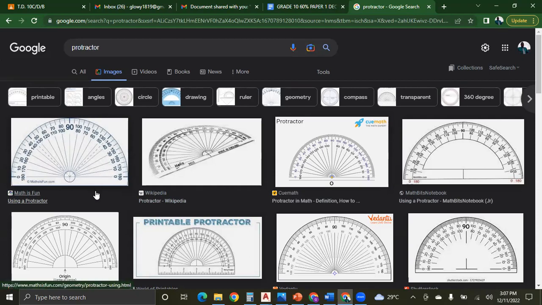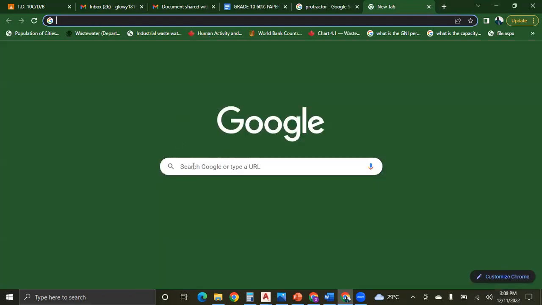Whereas you can use your compass and pencil. Let me show you what a compass is for those who either don't know or don't remember.